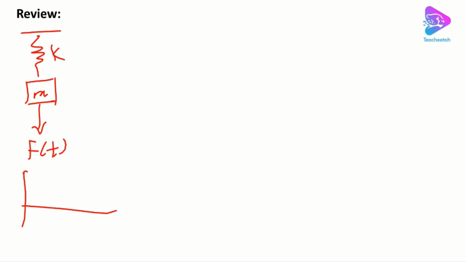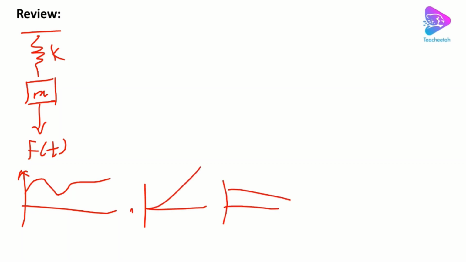For the case that there is no damping in the system, it is even simpler. So imagine that we have a spring mass system, with k, and this F(t) is any non-periodic function. This is F(t), for example something like that, or it could be an increasing force, decreasing force, anything, right?